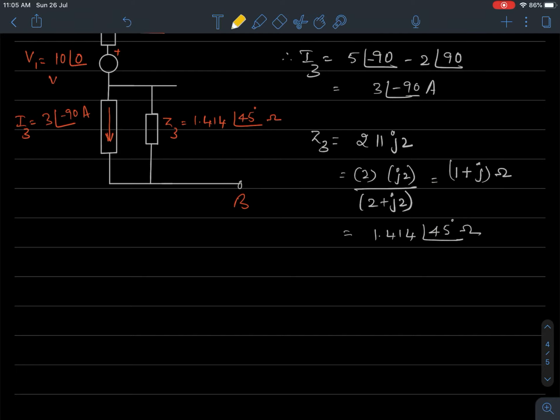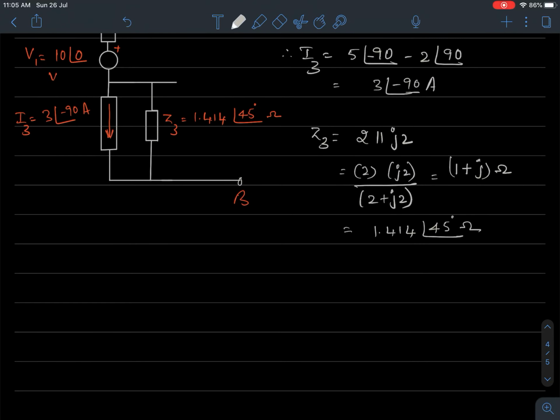Alright, so we will go with the next step. I suppose it is step number 3. What do we do in step 3?